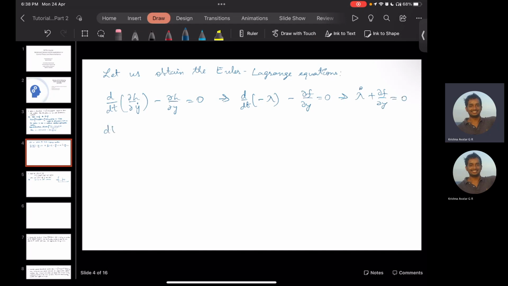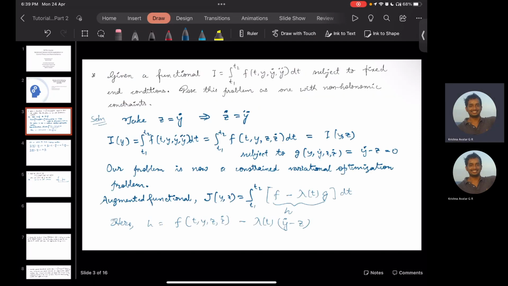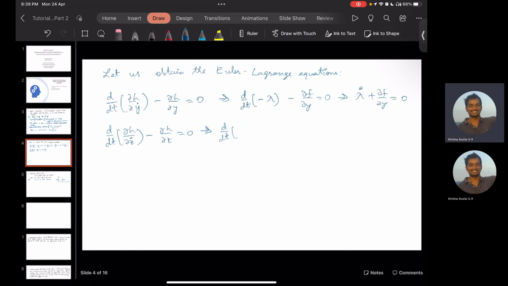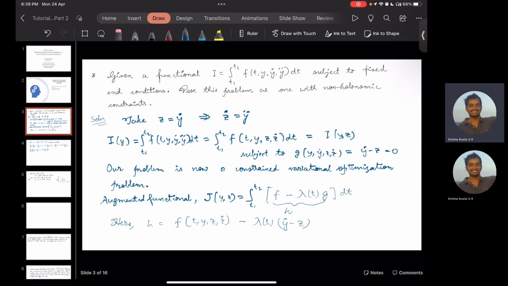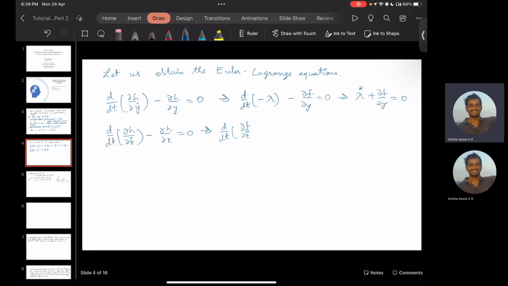And the second Euler-Lagrange equation is d by dt of partial h by partial z dot minus partial h by partial z. This implies d by dt of, now here f is a function of z dot, so I have partial f by partial z dot, and the second term doesn't contain z dot.